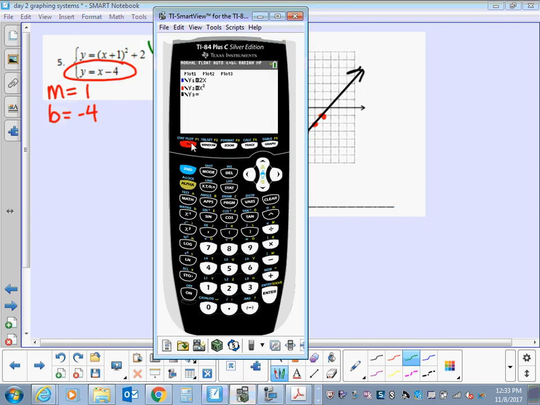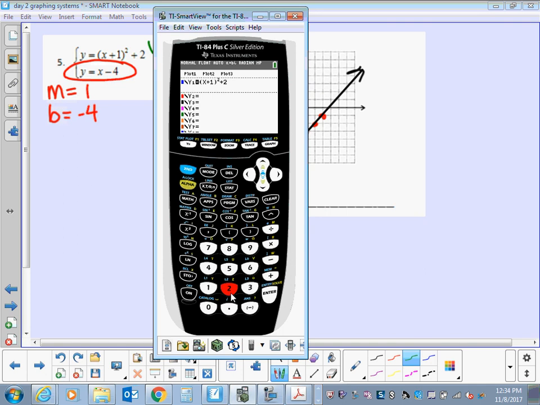Make sure you clear out your calculator every time. So I have x plus 1 plus 2.